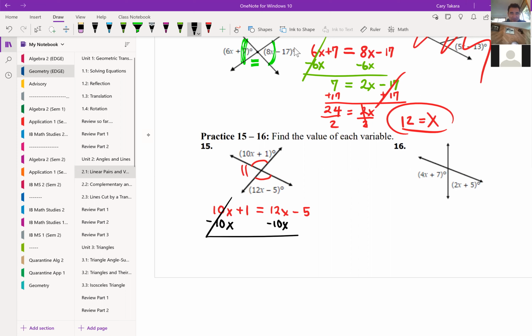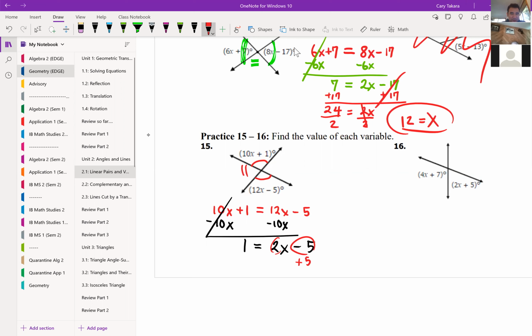So that's gone. So 1 equals 2x minus 5. Now we're going to solve for x. So we need to get rid of this 2 and this minus 5.